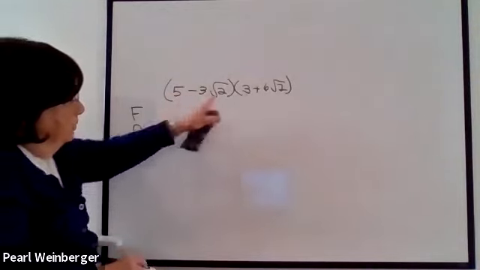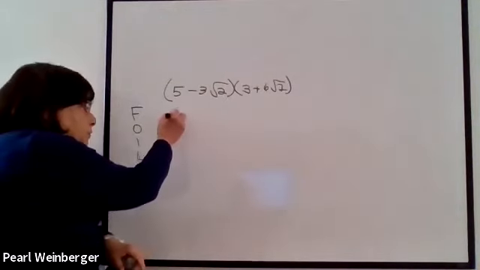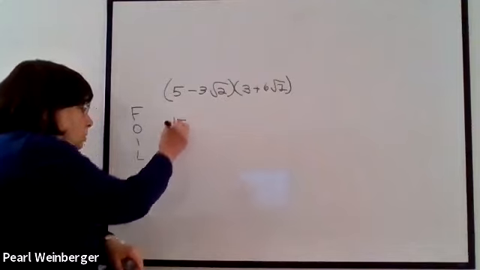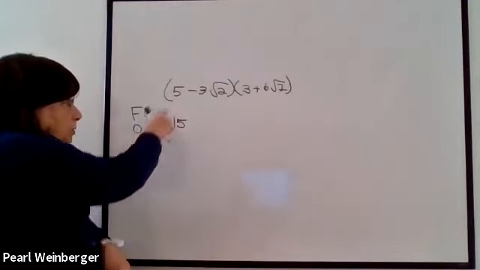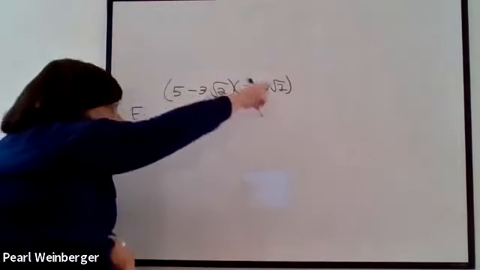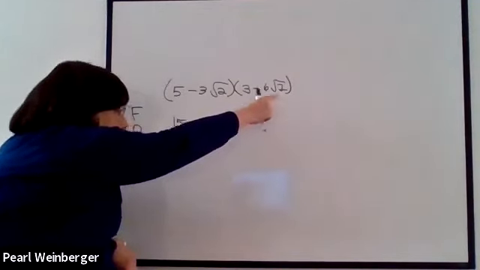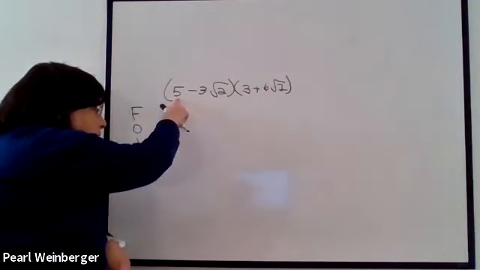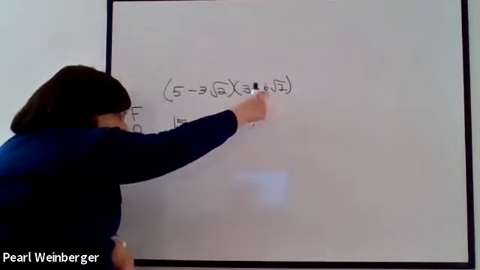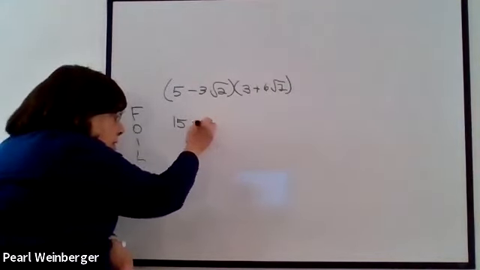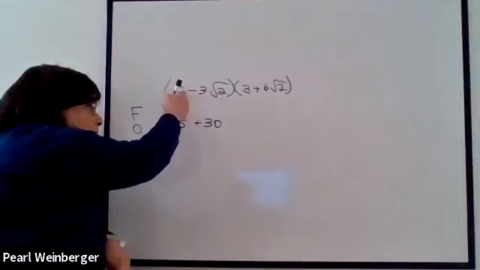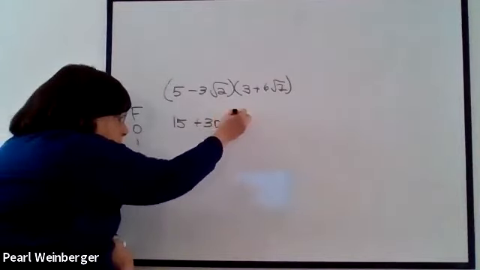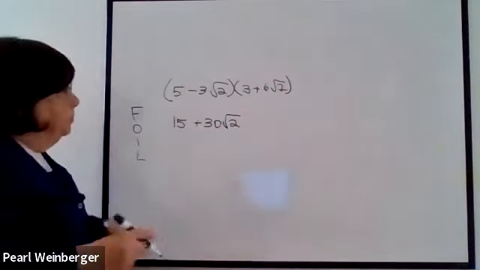First, 5 times 3. Well, that gives me 15. O is outer. That's the 5 times the 6 radical 2. Now the 5 is not inside a radical, so I multiply it with the 6. That'll give me 30. And there's no radical here to multiply by, so I just bring the radical 2 over.